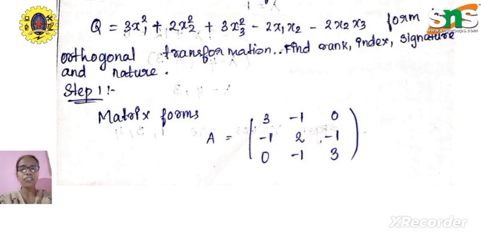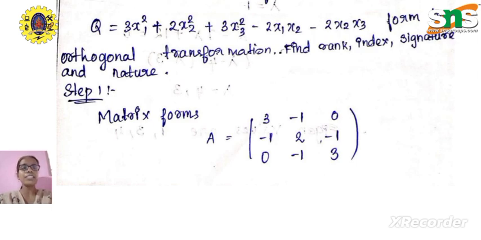This is how I want to write the matrix form. The first thing is to write the square terms in the diagonal. Then go for the next term, x1x2. x1x2 and x2x1 both are equal. For the remaining terms you divide by 2. Square terms alone are written as the same value, but the remaining values are divided by 2. That is the formula. So minus 2 by 2 is minus 1, and x1x2 and x2x1 both should be minus 1.